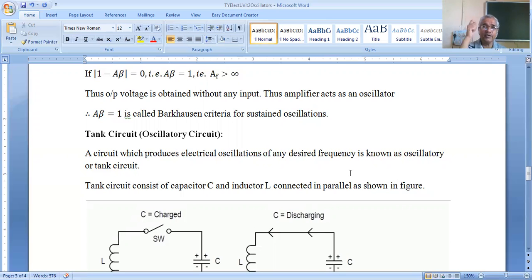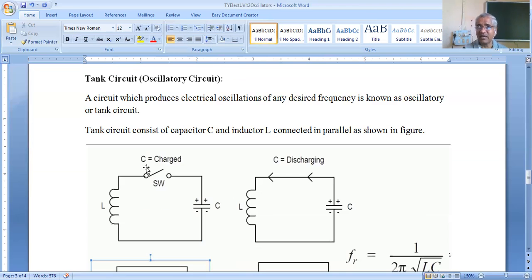But when you keep a constant amplitude using the rope, we are providing external energy in phase. Therefore you are putting some energy into the swing and the swing oscillates with constant amplitude. The same thing happens in the tank circuit.